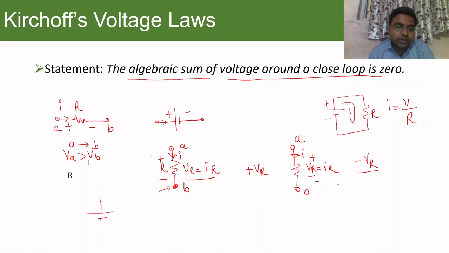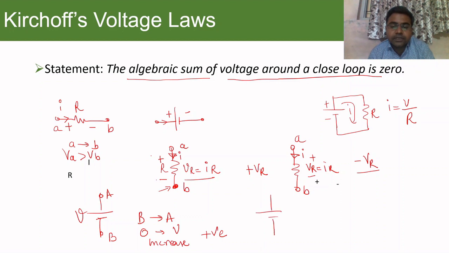Similarly, if we have a potential source like a voltage source, with capital A and capital B, and I am moving from B to A, my potential changes from 0 to plus V, so my net potential increases, and it will be positive.